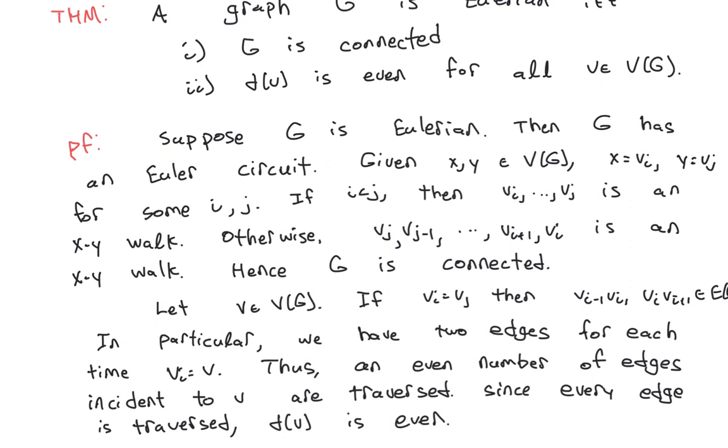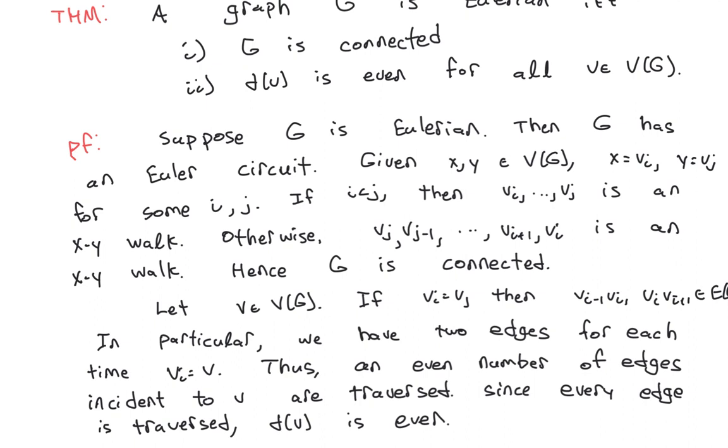In particular, every time our vertex appears in our circuit, we find two distinct edges incident to it. And since every edge has to appear on the walk exactly once, this tells us that the edges incident to V must be appearing in pairs. And that tells us there are an even number of edges incident to V, and that means the degree of the vertex is even. So that satisfies one direction.